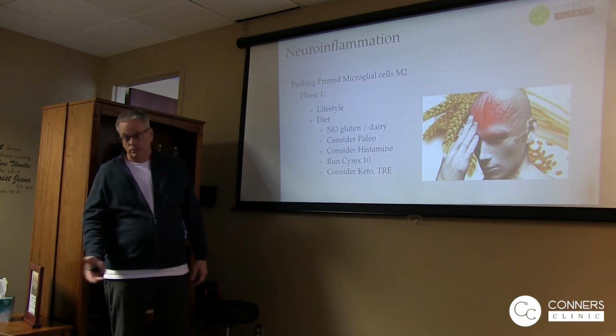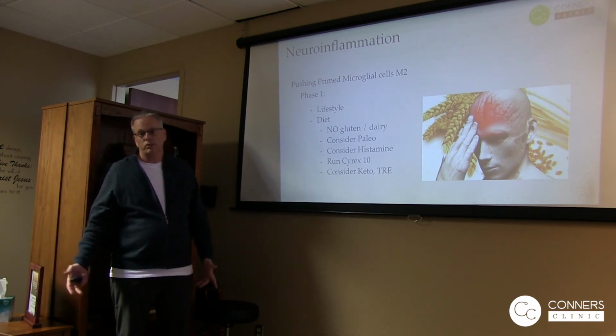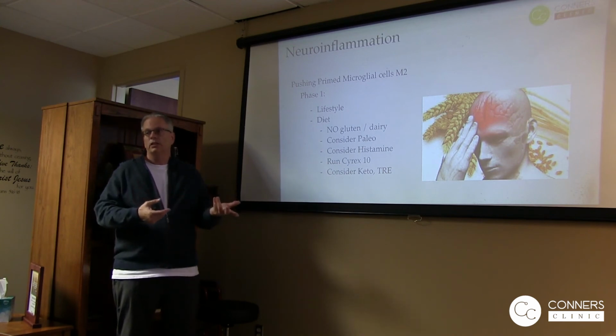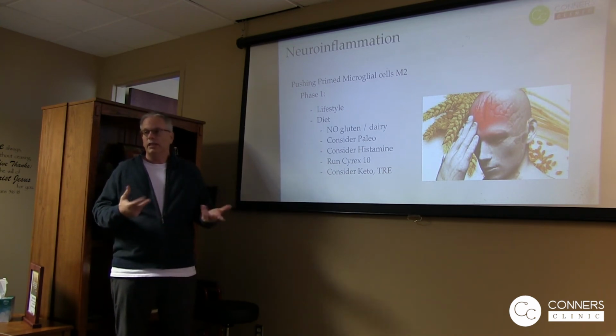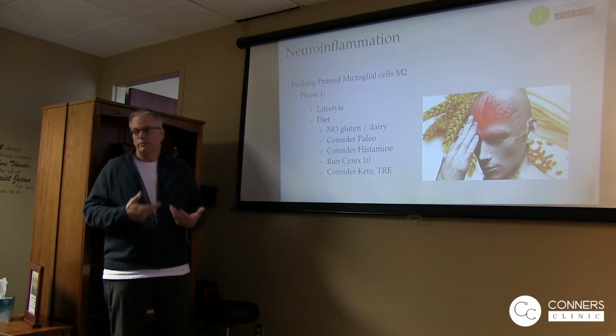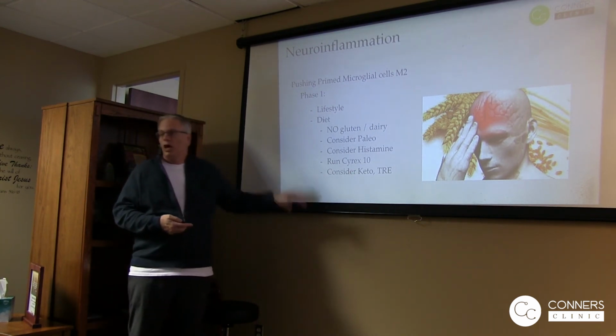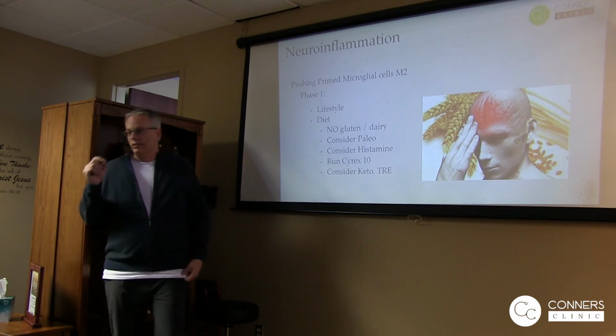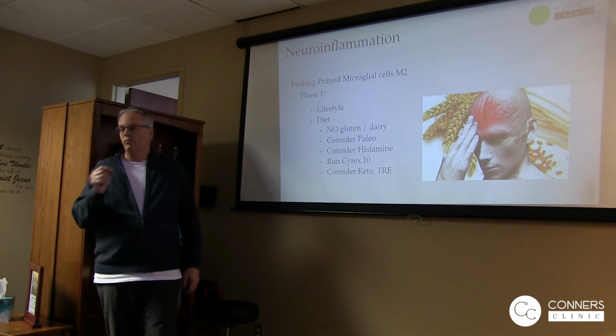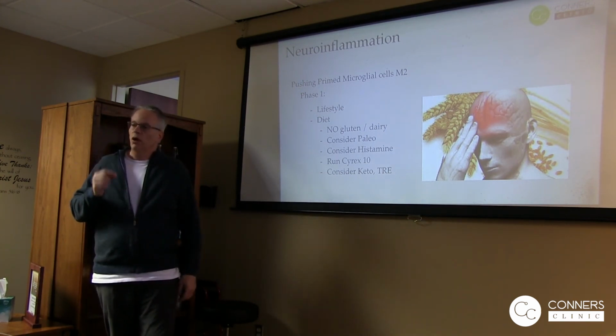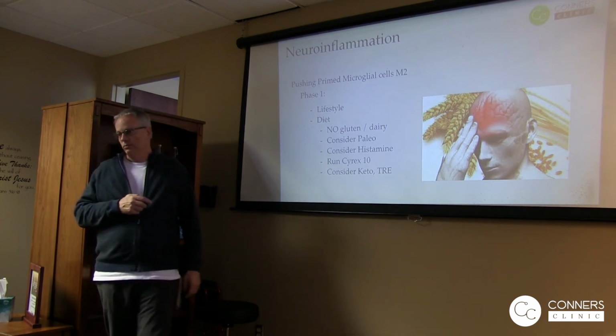You're going to create inflammation. So anytime you're creating inflammation, you're pushing M2 to M1 again. Consider doing keto. Understand, anytime you create inflammation, you're pushing M2 to M1. That means if this person gets a cold, they can crash.